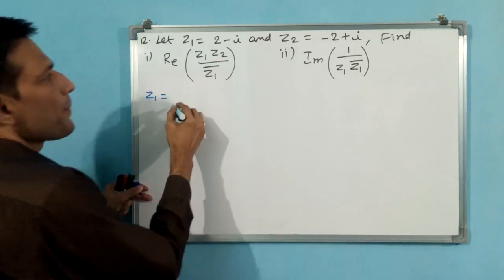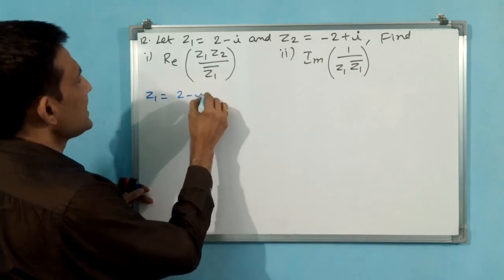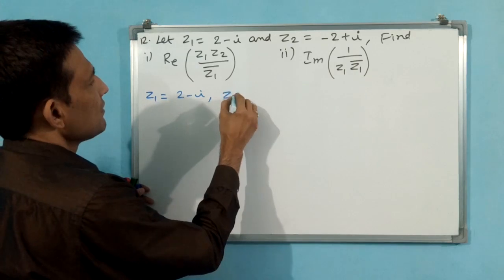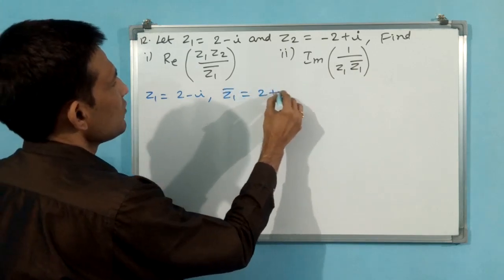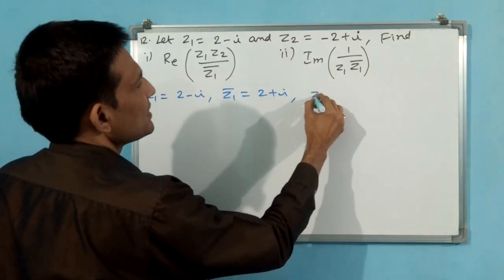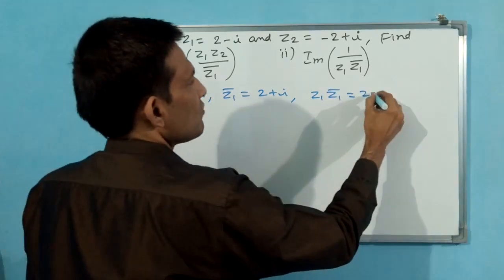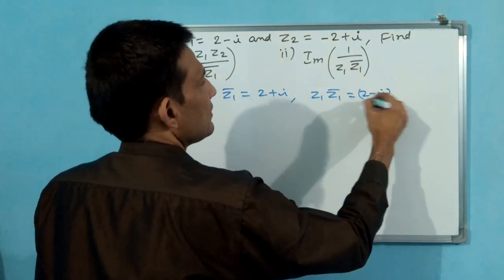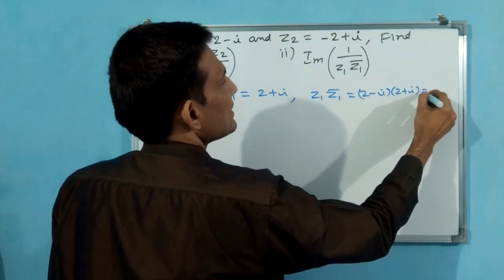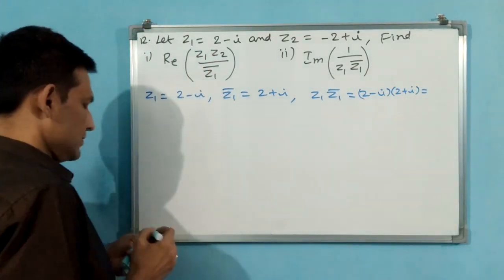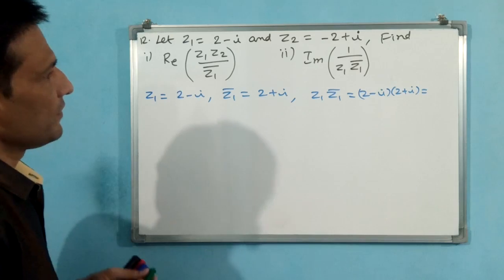Z1 is equal to 2 minus i. Z1 bar is equal to 2 plus i. Z1 into Z1 bar is equal to 2 minus i into 2 plus i, that is equal to, I am writing here again.